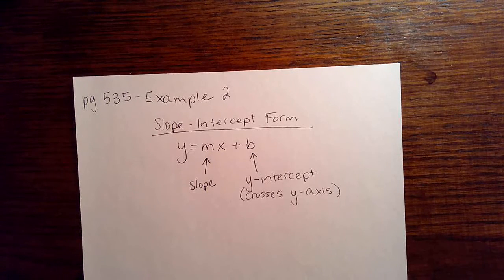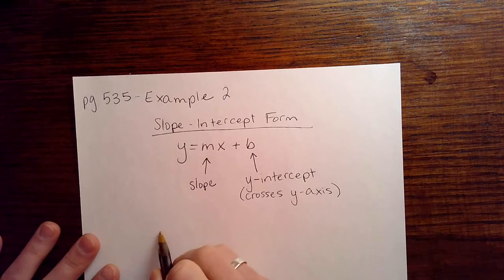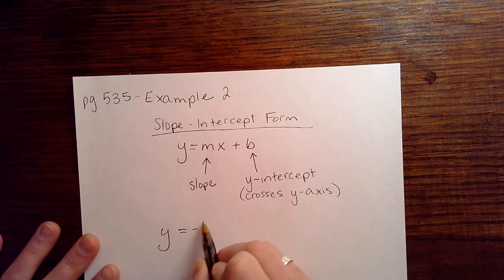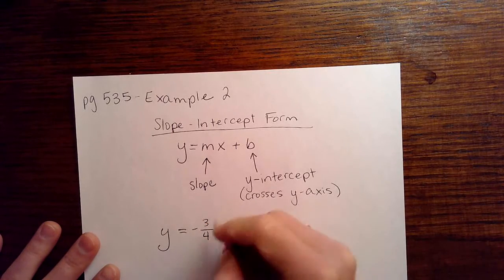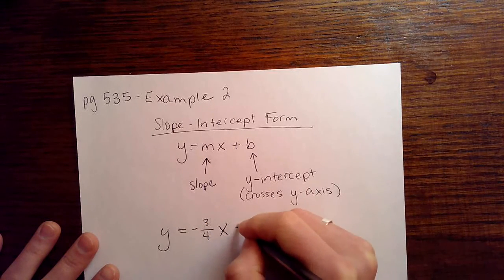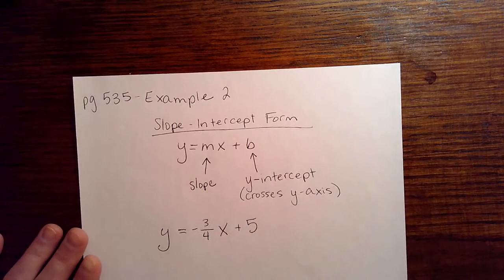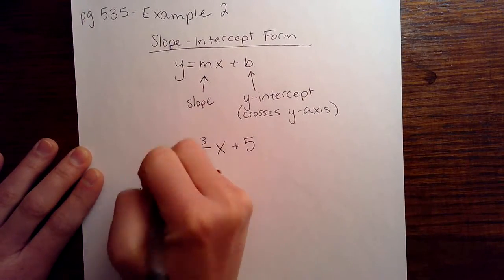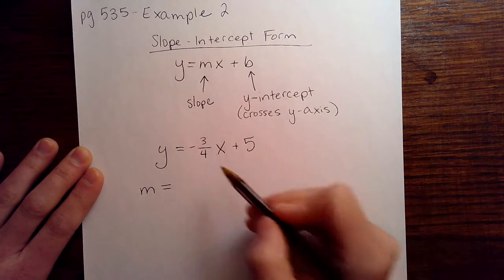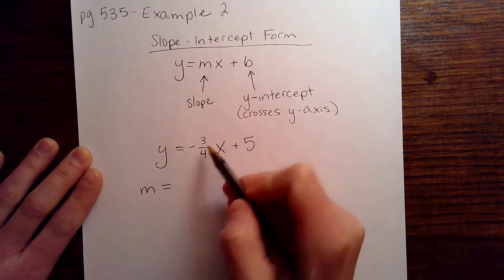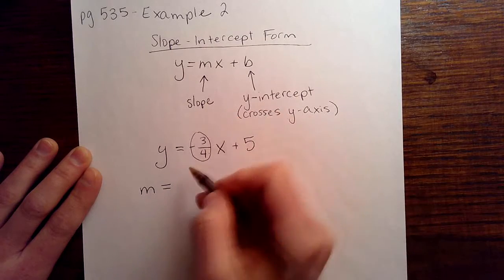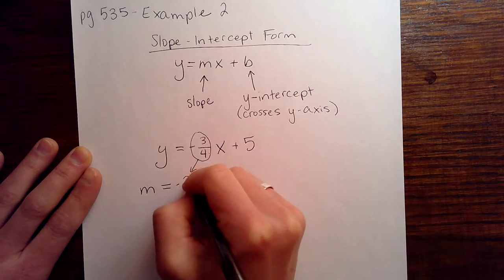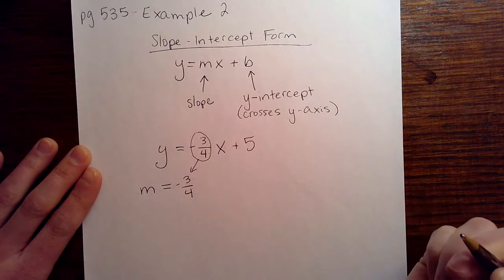So when we see this form, for instance, if I had an example like y equals negative 3/4 x plus 5, then I know the slope of my line is m, the coefficient on x. m is this number right here, negative 3/4.